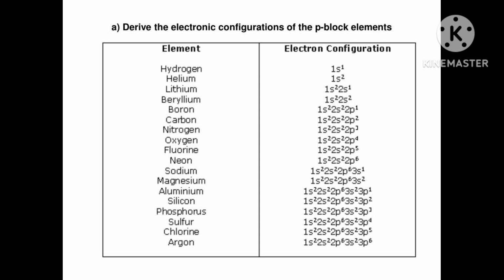The 3d orbitals always lie between them, because 3d does not fill completely before 4s starts.